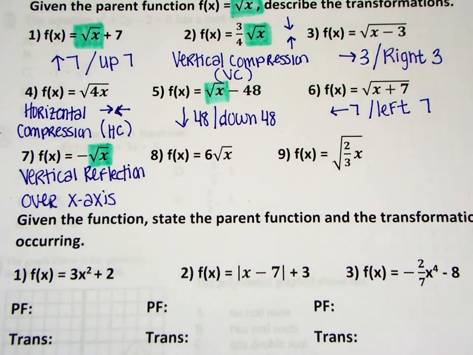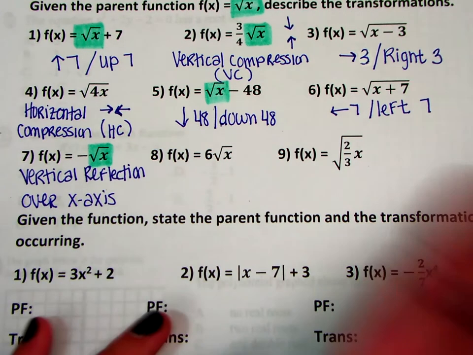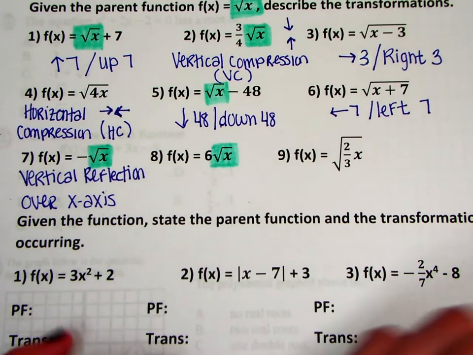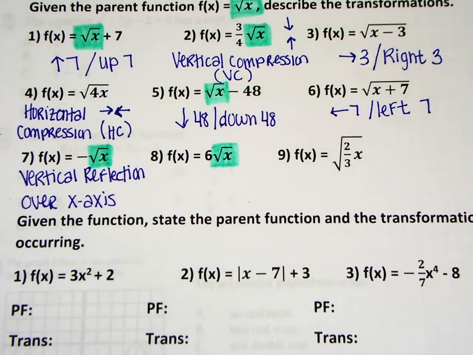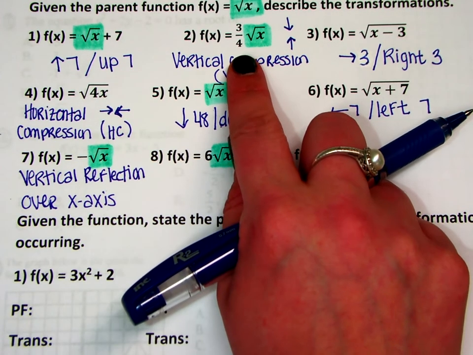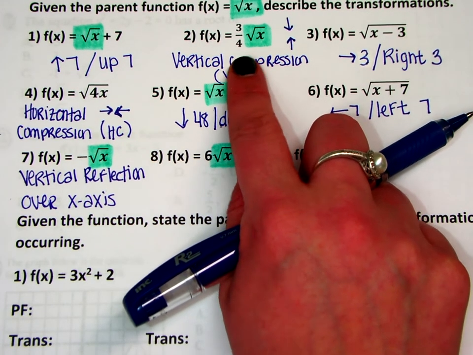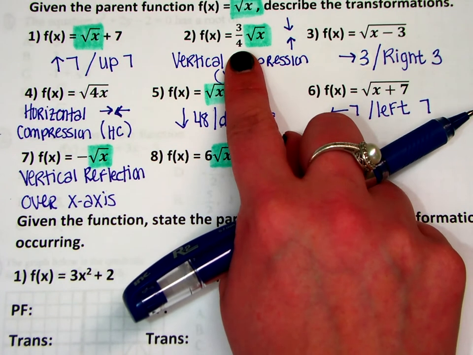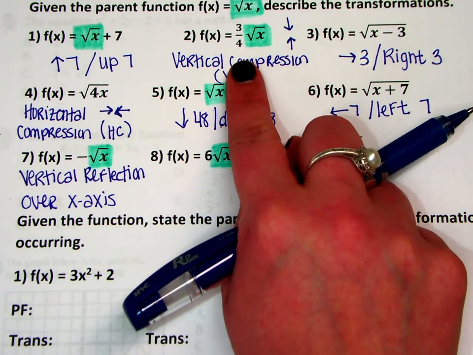Okay. Next, 6 times square root of x. Again, I see the square root of x clearly being marked. So notice in number 2, the number that's being multiplied, if it is less than 1 but greater than 0 in terms of absolute value, then this is a vertical compression.